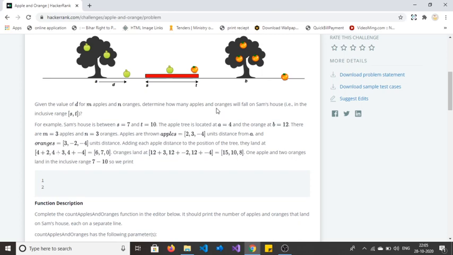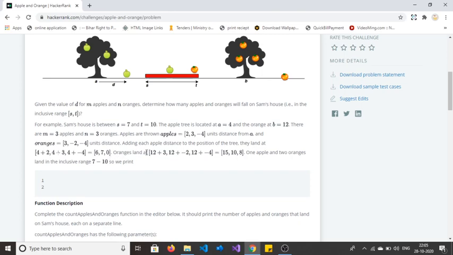The apple tree is located at position A, which is 4, so I am adding 4 plus 2, 4 plus 3, and 4 plus minus 4. The values become 6, 7, and 0. This is the actual position of all the apples after falling from the tree.